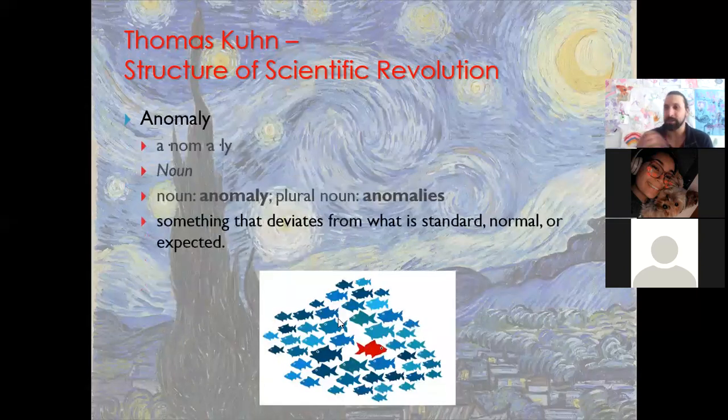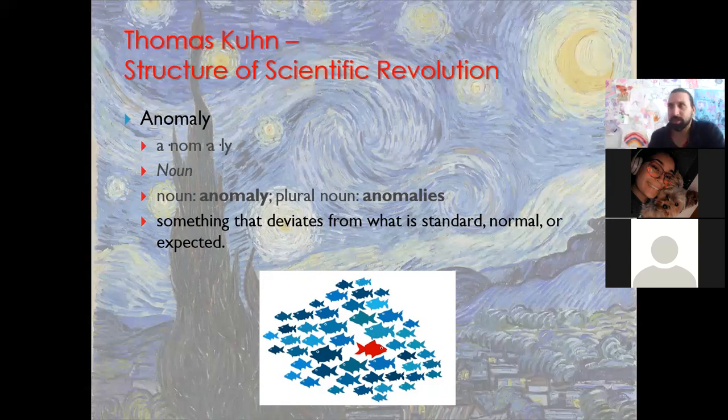What is an anomaly? It's something that doesn't fit. It's something that we cannot even begin to make sense of based on the paradigm. It's a discrepancy. An anomaly is something that deviates from what is standard, normal, or expected. So it's a little crack that appears, little cracks in the joints and in the ceiling.